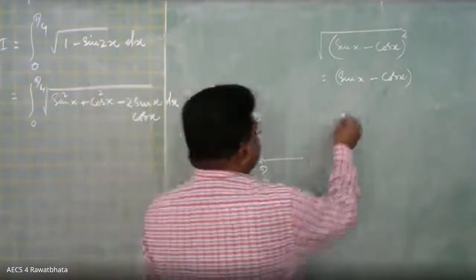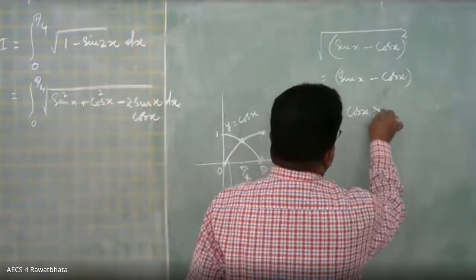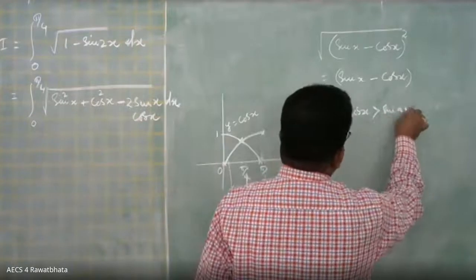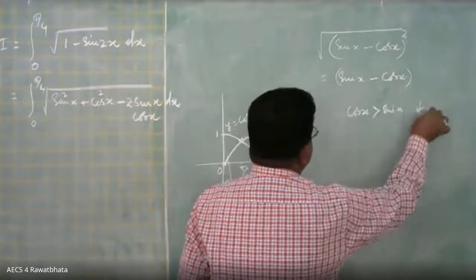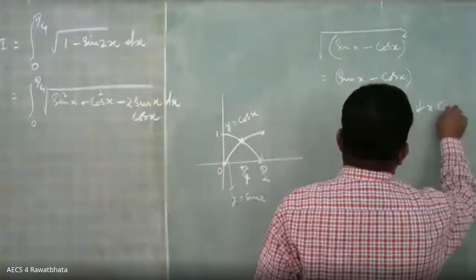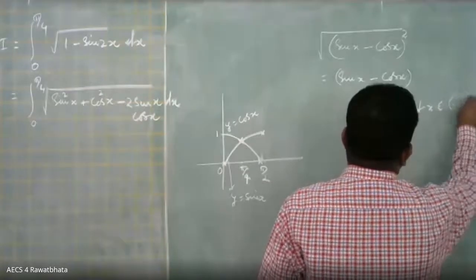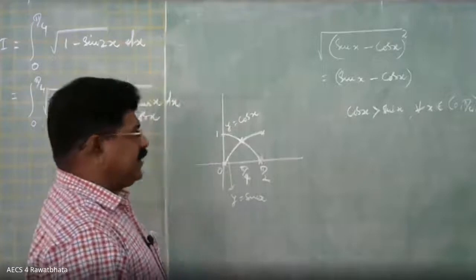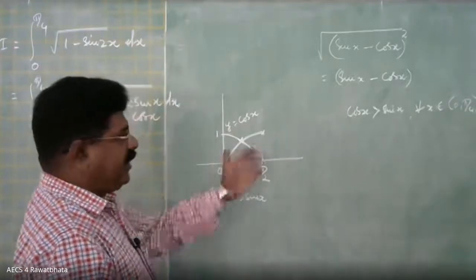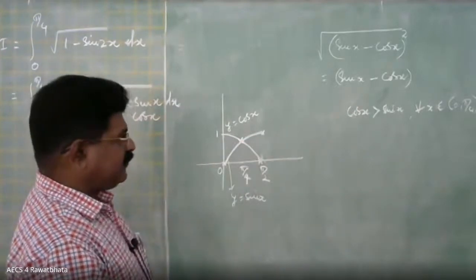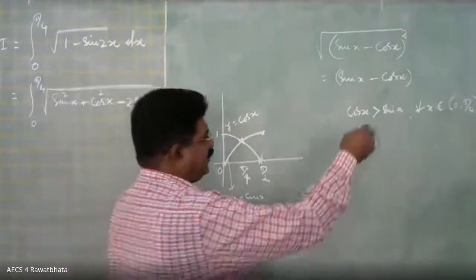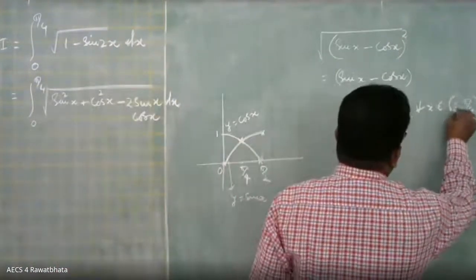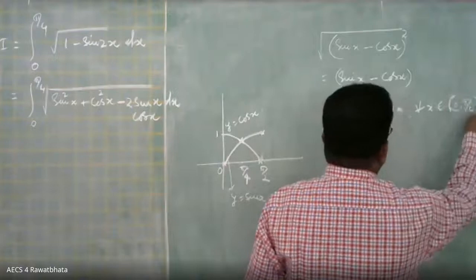So here cos of x is greater than sin of x for every x belonging to 0 to pi by 4. I have taken the open interval 0 to pi by 4. If you want, you can take the closed interval also, and there the equal will come.